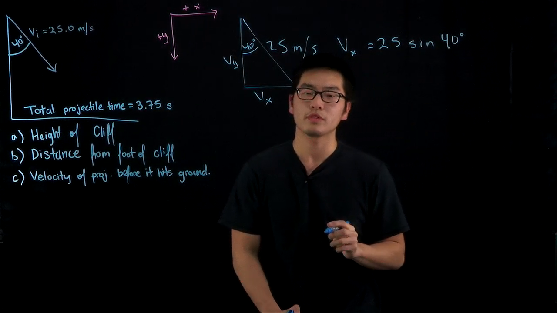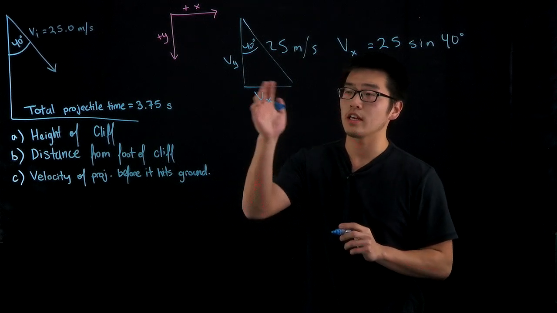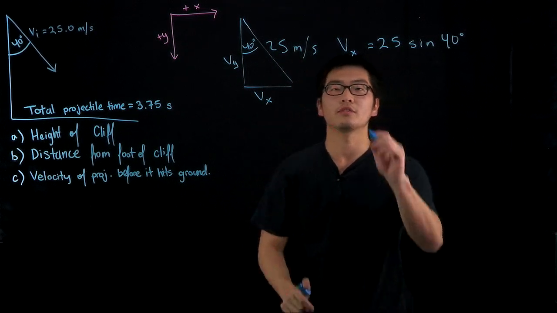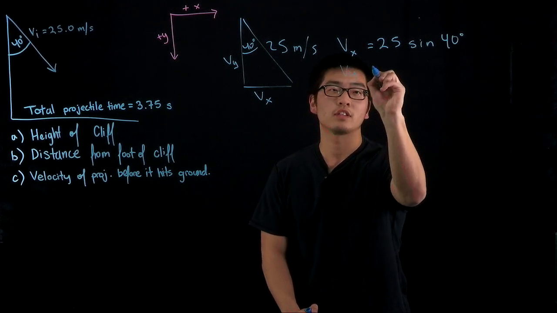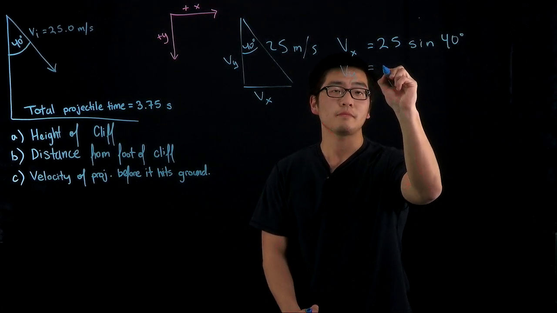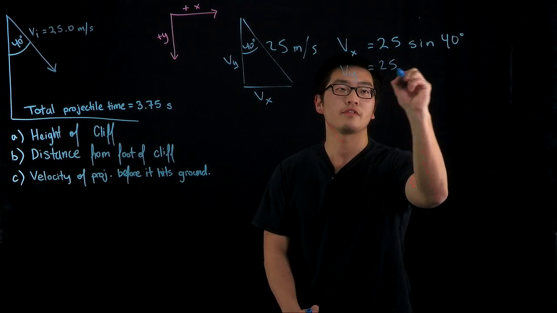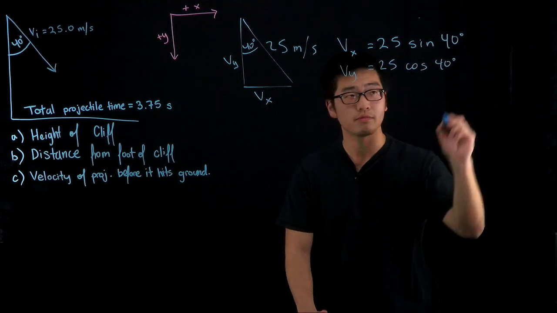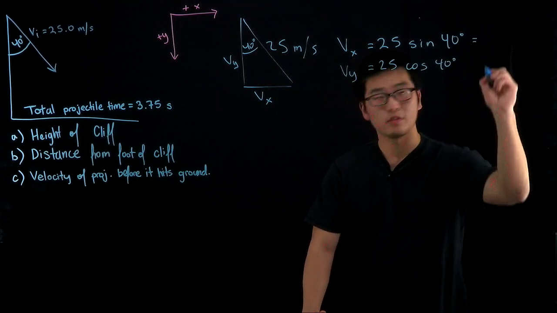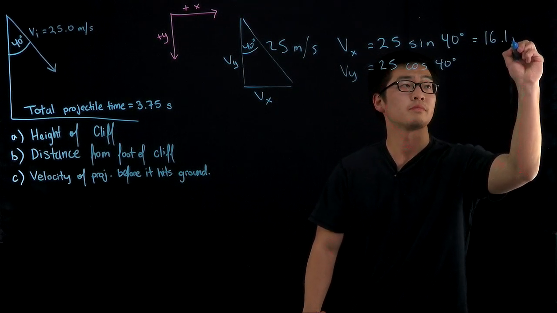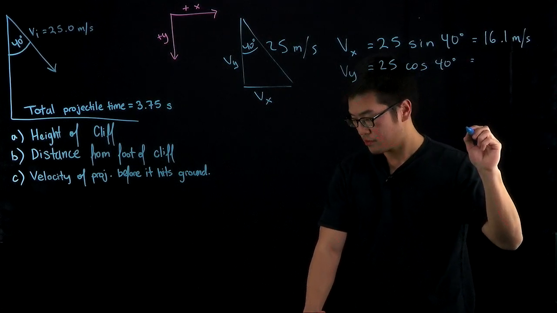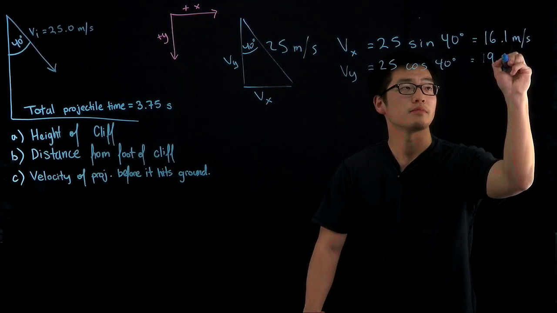Additionally, cosine relates the angle to the adjacent side and the hypotenuse. So velocity in the y direction will be 25 cosine 40. If you calculate this out, the x component will be 16.1 meters per second, and the y component will be 19.1 meters per second.